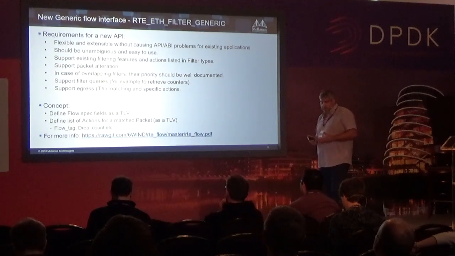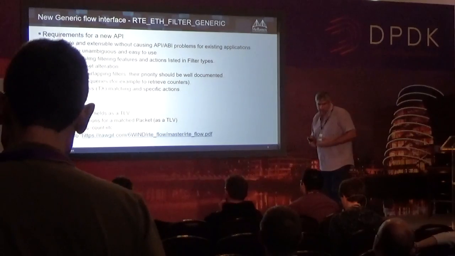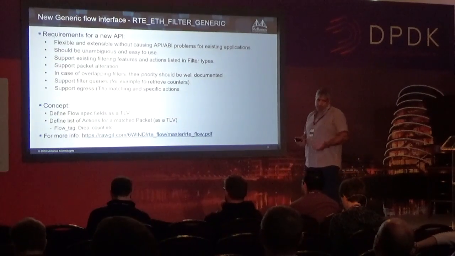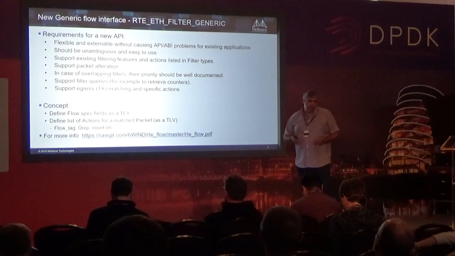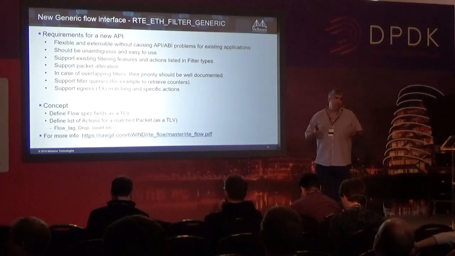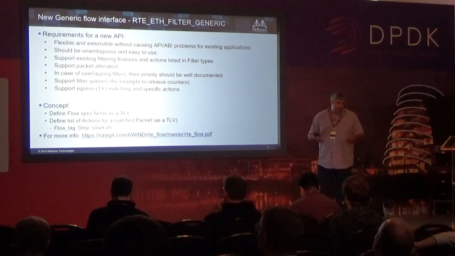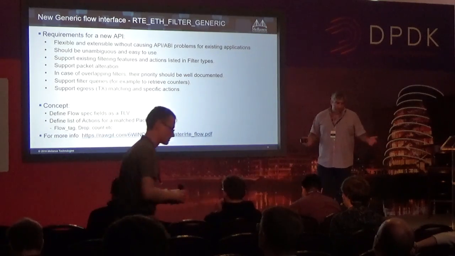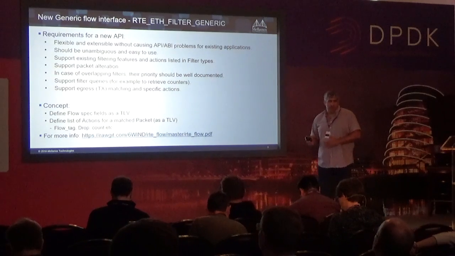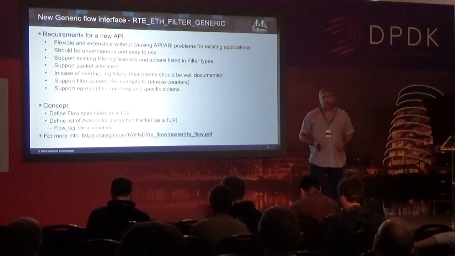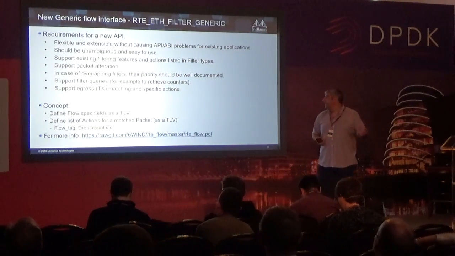It's not even vendor specific. Currently our filters look silicon specific, so this will be a more generic one that every application can use, the same filter, rather than needing to use a different filter depending on whether it's working on this card or that card.